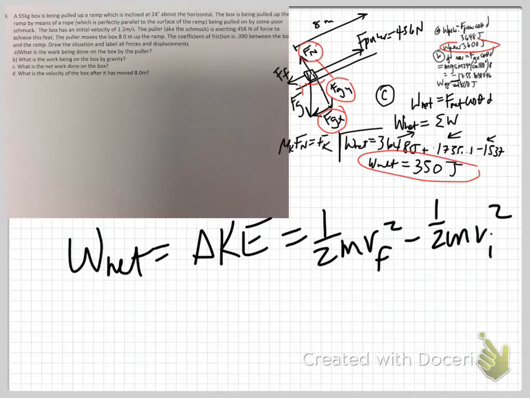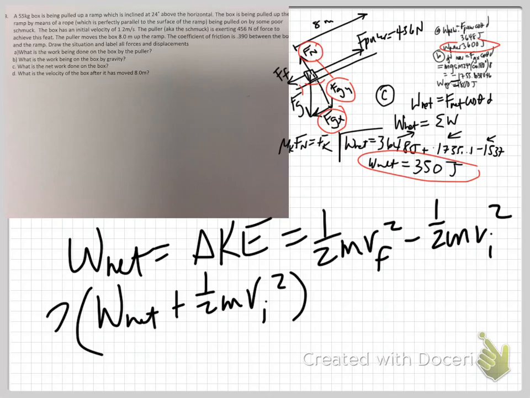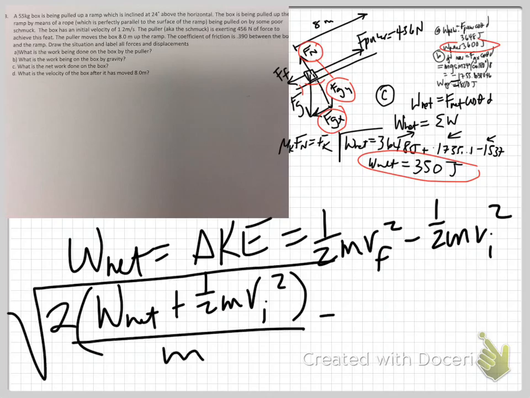And we have everything we need there, and we're just solving for VF. So if we do this algebraically, net work plus 1/2 mvi squared, times 2 divided by m, square root equals VF.